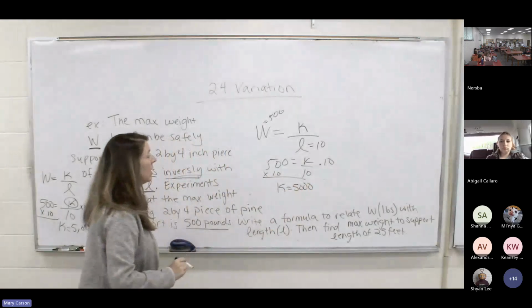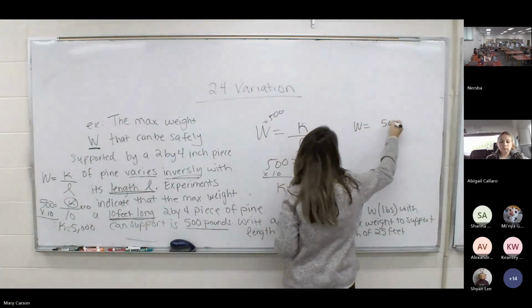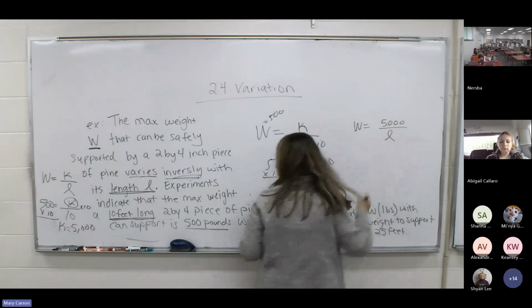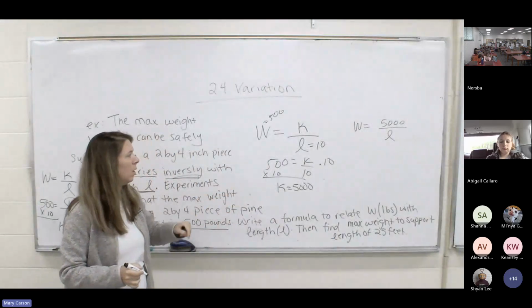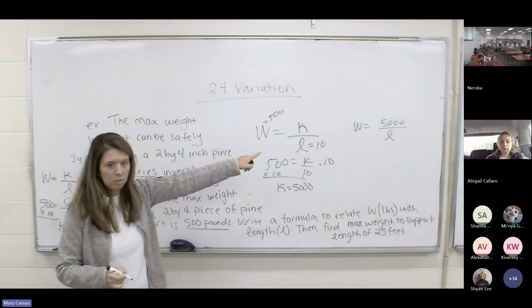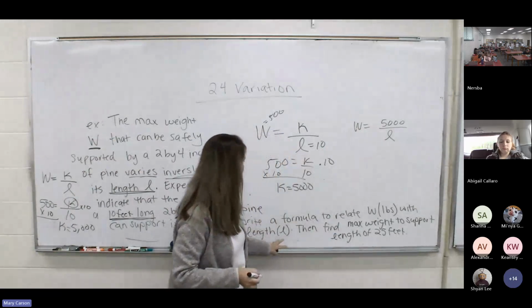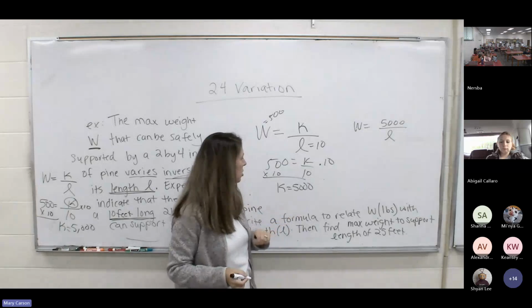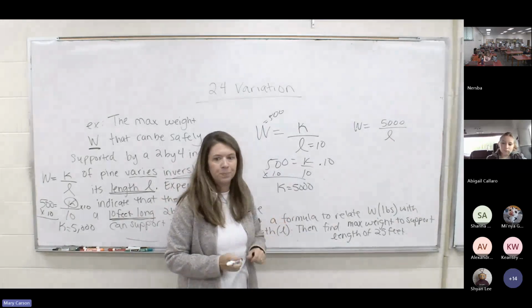That's our K value. Now this is being replaced, so it asks, write a formula to relate W with L. There's our formula. This is the first part of the answer. And now the second part says, then find the max weight to support the length of 25 feet. So where would that go?